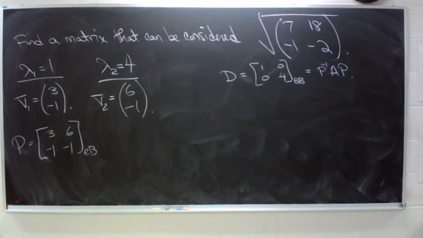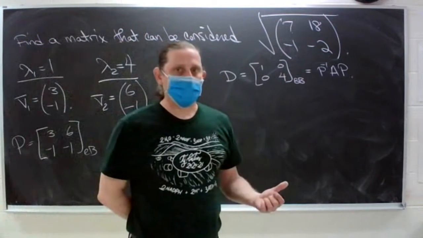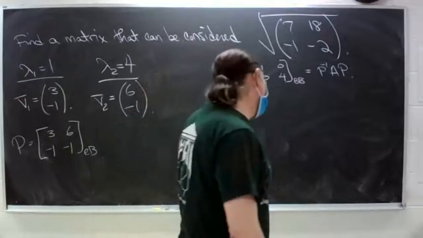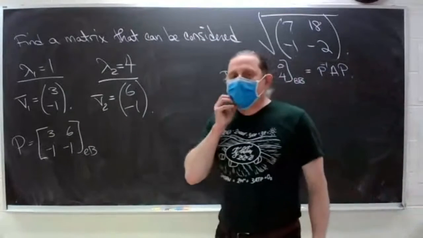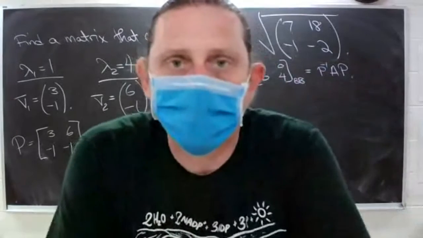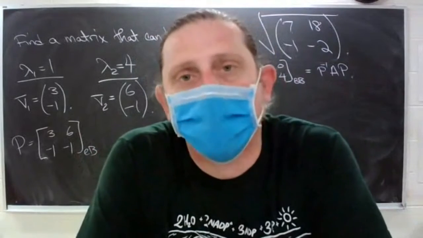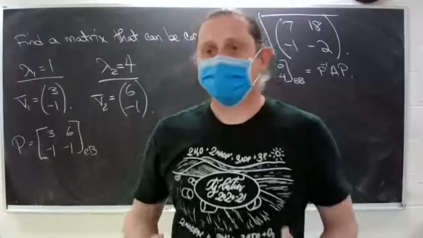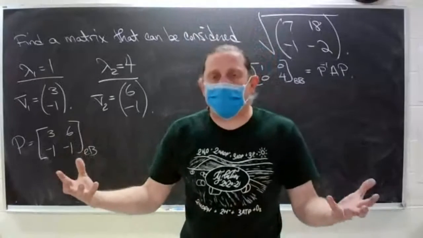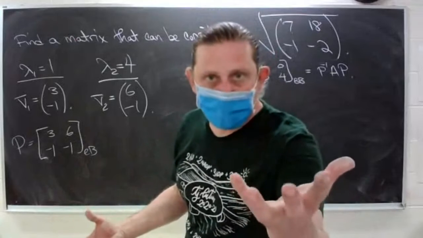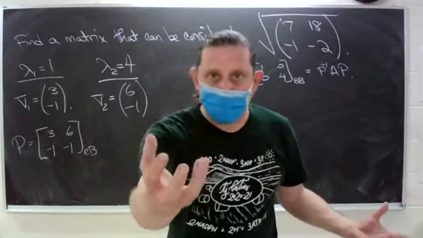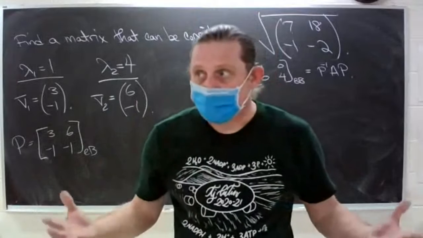Now, at this point, it's very helpful for us to think philosophically about the meaning of this relationship. This is a similarity transformation. We can think of R2 as sort of existing in two separate worlds. R2 in the E basis and R2 in the B basis.